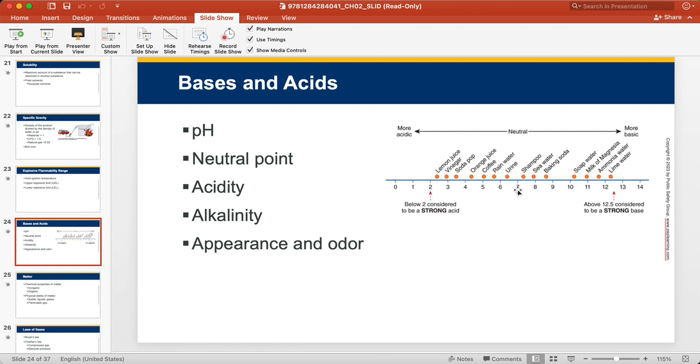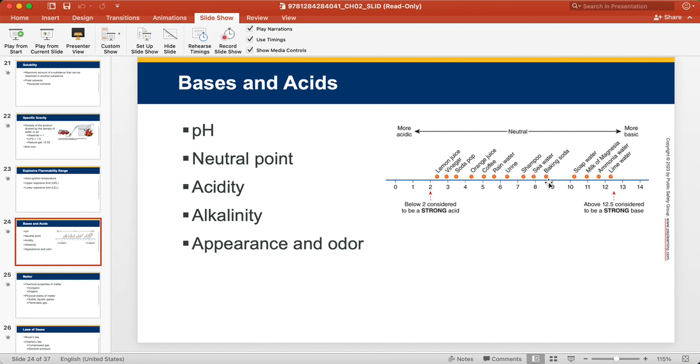So right dead smack in the middle is 7, which is considered neutral. 14 is considered very alkaline. And 0 is the lowest, the strongest acid you can have. Shampoo is a little bit alkaline. Seawater is alkaline. Baking soda is an alkali.